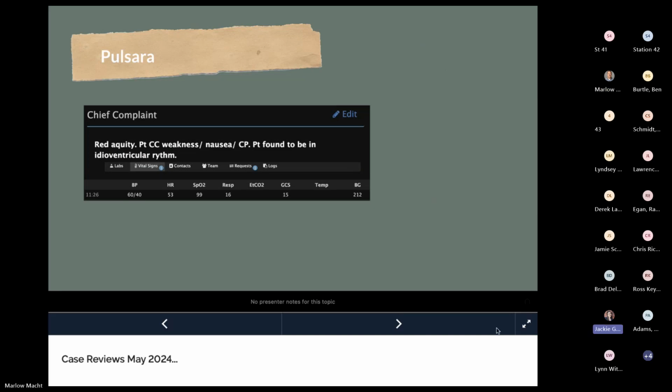No. The prearrival notification is that they documented this as a red acuity patient complaining of weakness, nausea, and chest pain found to be an idioventricular rhythm. They document that the vital signs were 53 for a heart rate, a blood pressure 60/40, SpO2 of 99, respirations of 16, GCS of 15, and blood glucose 212. Next.